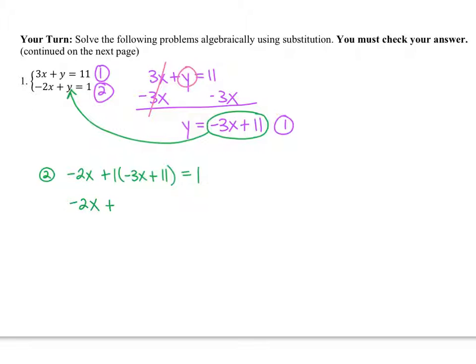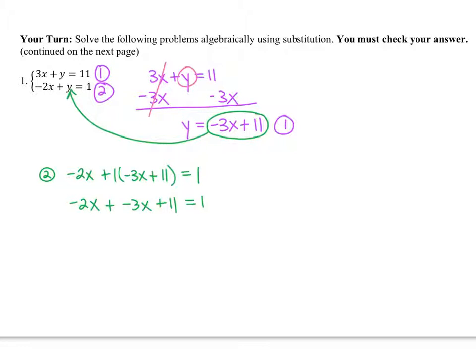So it's just negative 2x plus a negative 3x plus 11 equal to 1. Now if this were a minus y, we'd have to treat it like a negative 1 and distribute it, because we'd subtract a negative 3x, which would make it a positive 3x, and subtract an 11, which would make it minus 11. But in this case it's positive, so we don't have to worry about that.